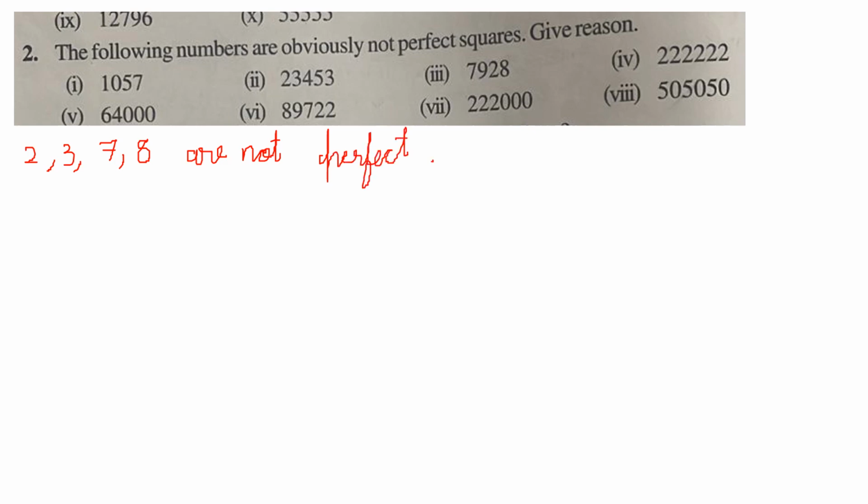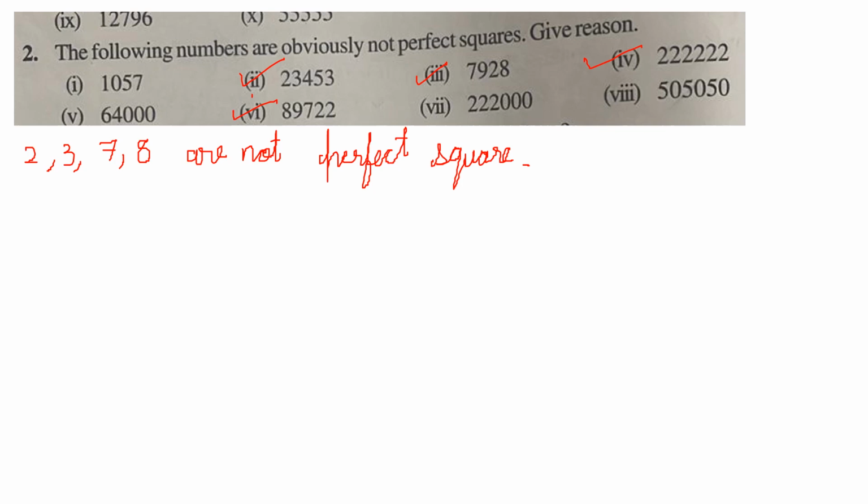So we will check if any of the options given here are ending with 2, 3, 7 or 8. The second number and third number end with 8, the fourth number ends with 2, and the sixth number is also 2.